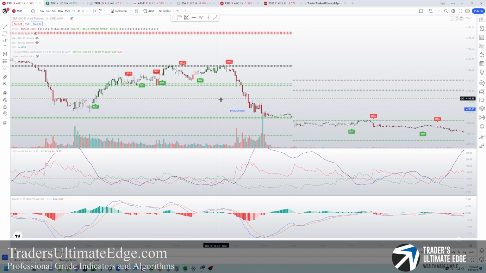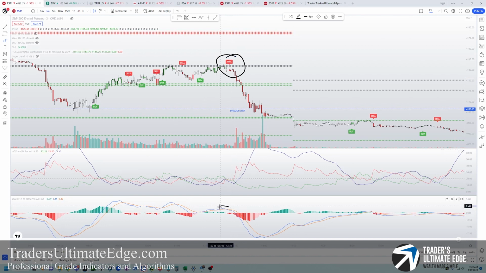What it does is it waits for the ADX and the MACD to find a condition, right? So we'll look right here. We have a sell condition, okay? This is where the red line started to cross over the green line, indicating a sell condition with the ADX.